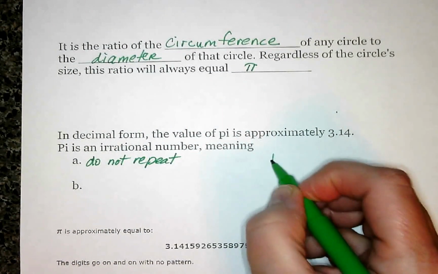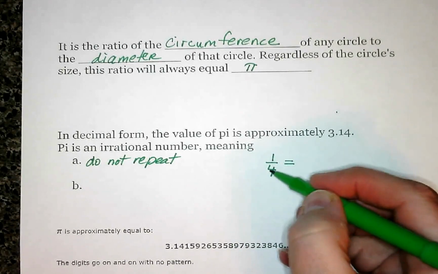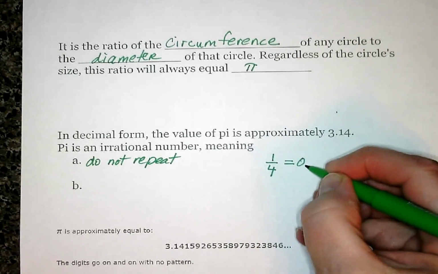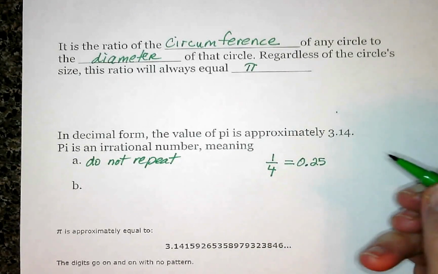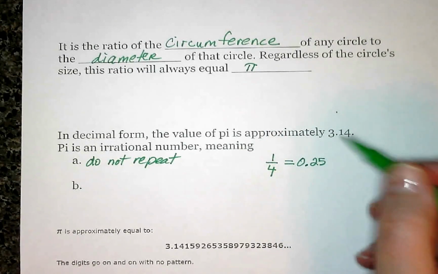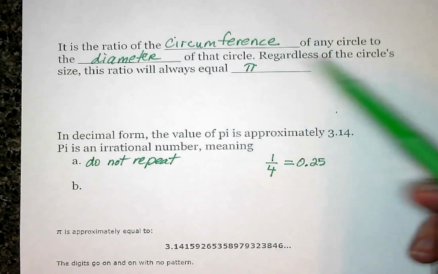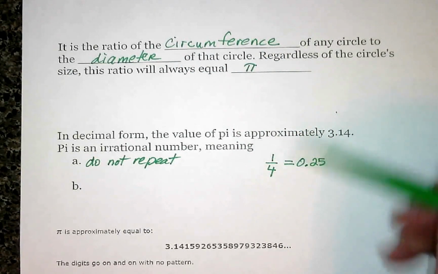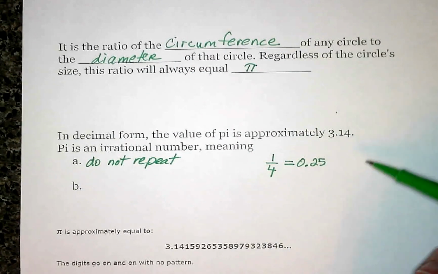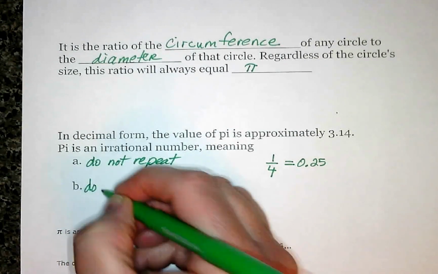Like if I look at the decimal form, for example, if I have the ratio 1 to 4, and I divide 1 divided by 4, that comes out to be 0.25. This is the decimal form of this ratio. So with pi, when I'm comparing the circumference and the diameter, and I divide that out, the decimal form does not repeat, and it does not end.